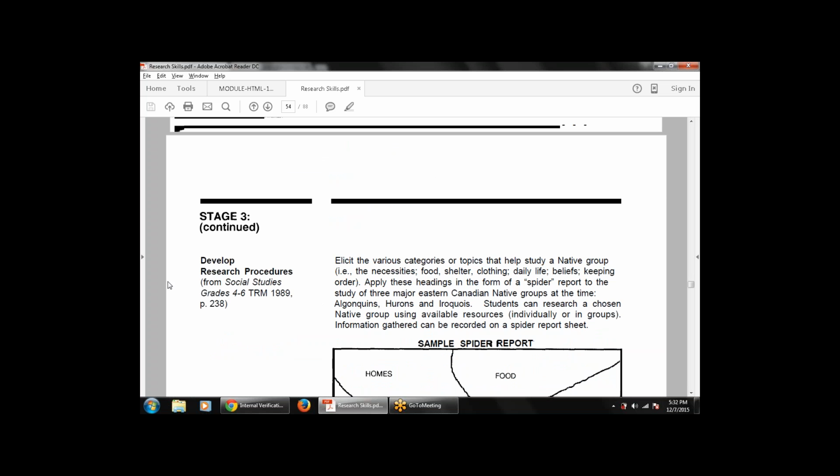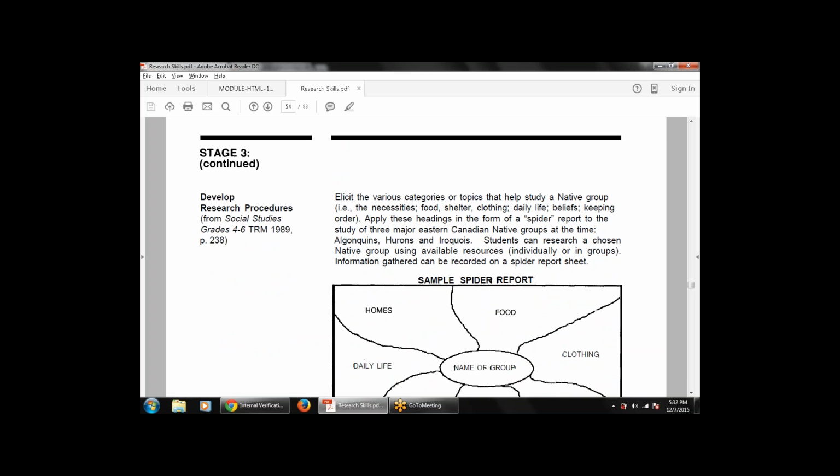Now next, after the webbing, there is a tool that is used for information processing, that is to develop the research procedures. Now how does it work? Elicit the various categories or the topics that help study a native group. That means elicit what are the various categories or topics that help you to study a native group.